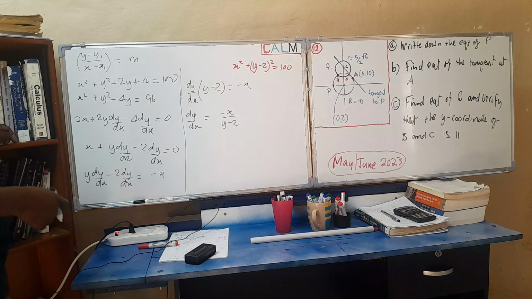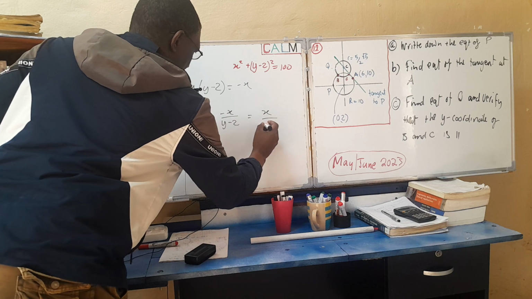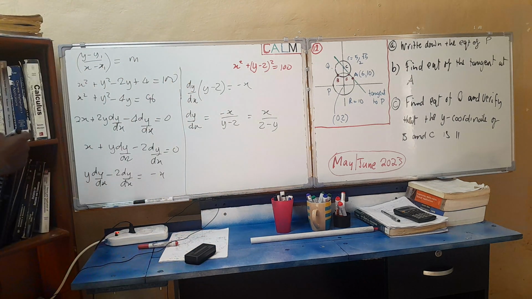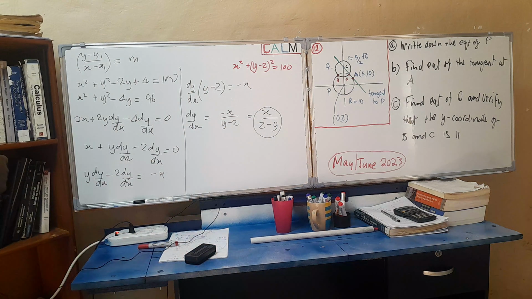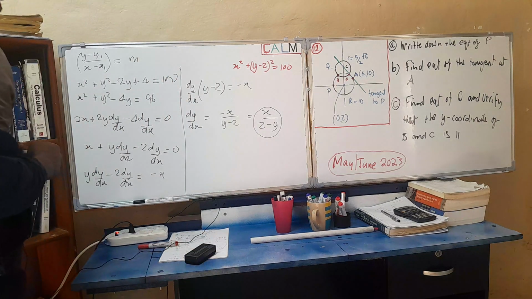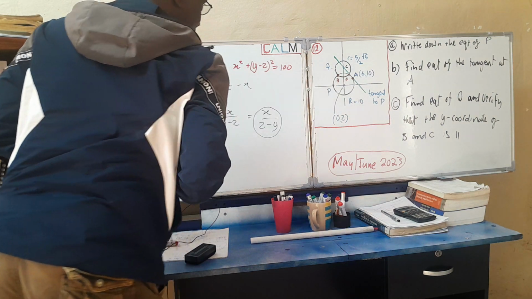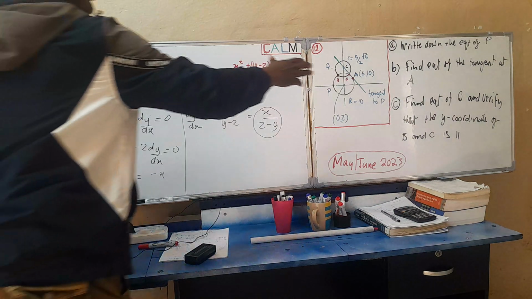Of course, we can change this to x over 2 minus y. I'm just trying to get rid of that negative sign there on top. So that's our dy/dx, that's our gradient function. Now, what is the value of this function at point A? That will give us the gradient of the green line, the tangent at A. So at A, x is equal to 6, y is equal to 10.